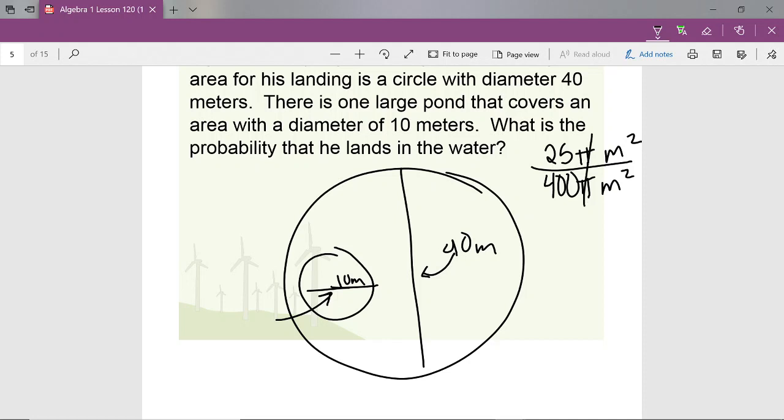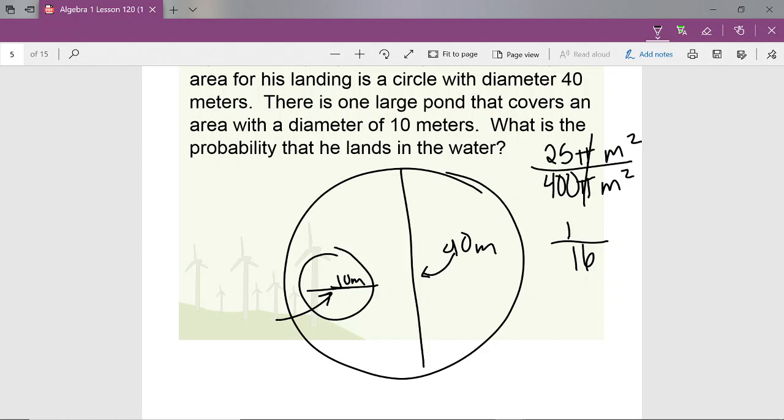So we reduce down and we divide each of those by 25. We say 1 over 16, I believe, is the probability that he will not jump in the water. Okay, or sorry, I said that backwards. 1/16 is the probability that he will actually jump in the water.